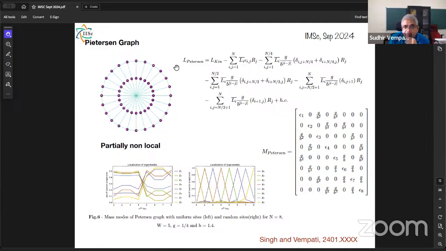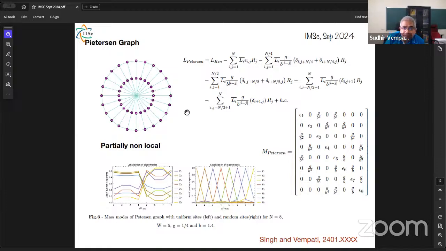In this case, part of the couplings are next-to-nearest neighbor, and other parts are not, but you have an organizing principle similar to the one I showed you earlier. This is called a Petersen graph. Here you have all the diagonal terms, which are epsilons, and the next-to-nearest neighbor terms, which are described by this particular case.